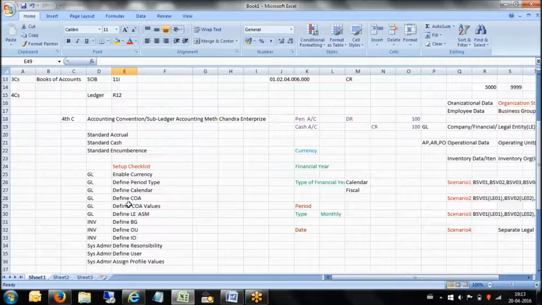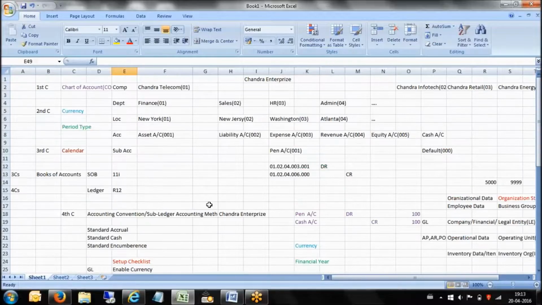Otherwise not. So in GL we define the currencies and the exchange rates, which will be used in the subledgers also, for those features we have just discussed.